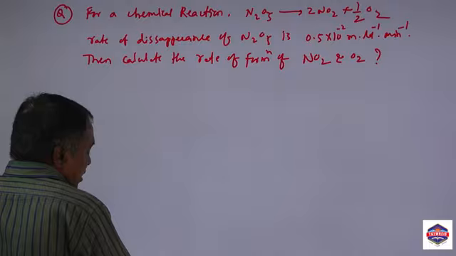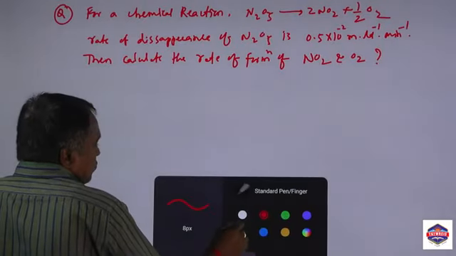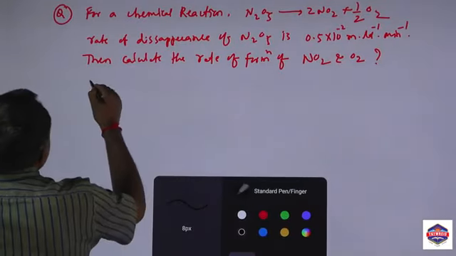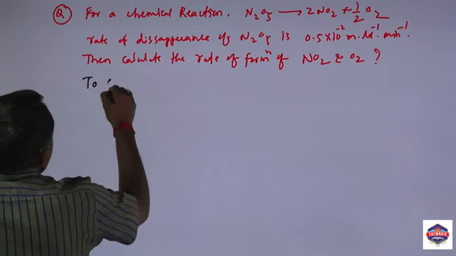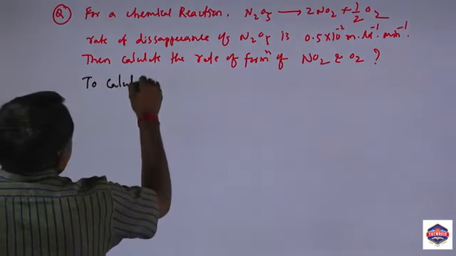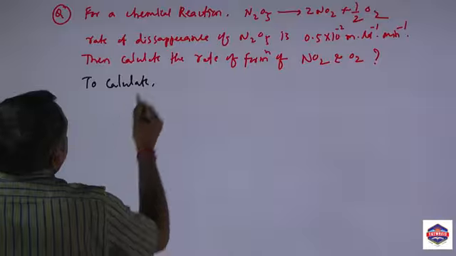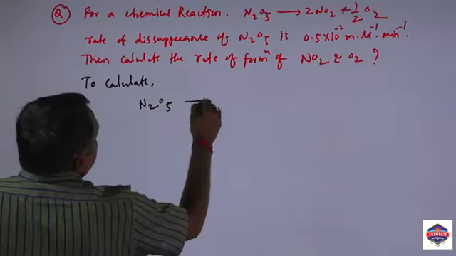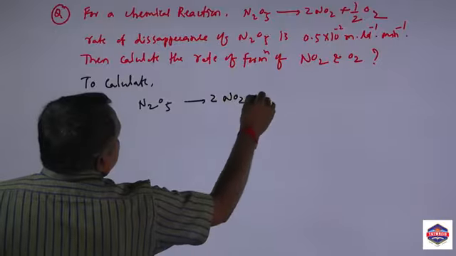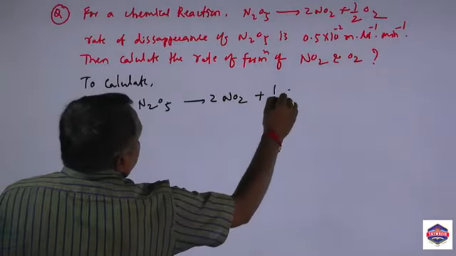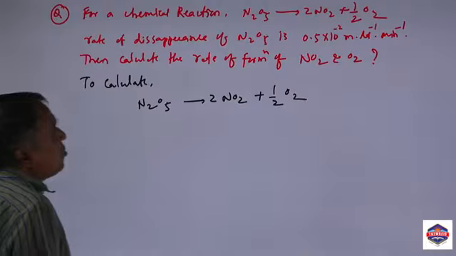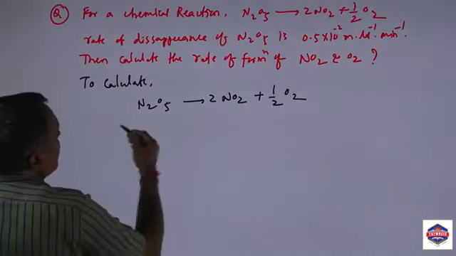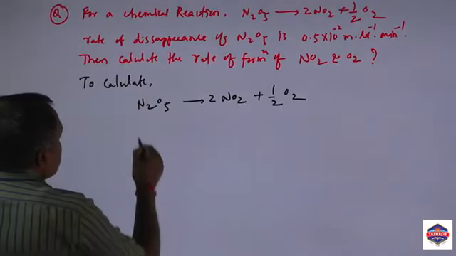To calculate this, we must write the rate equations, the rates of N2O5, NO2 and O2.